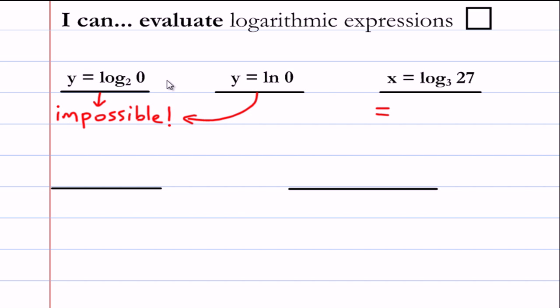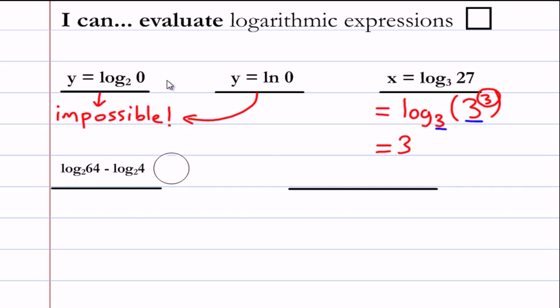Okay, in this we will try to get the argument base to be the same as the log base, so we can express 27 as 3 cubed. So now we have the log base the same as the argument base, so the answer is just the exponent, this one.